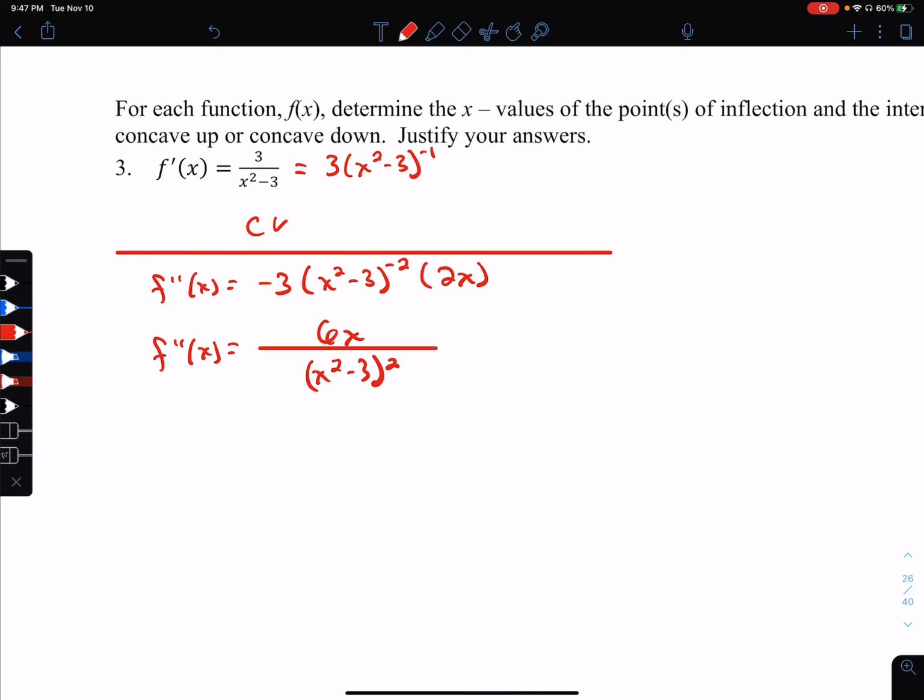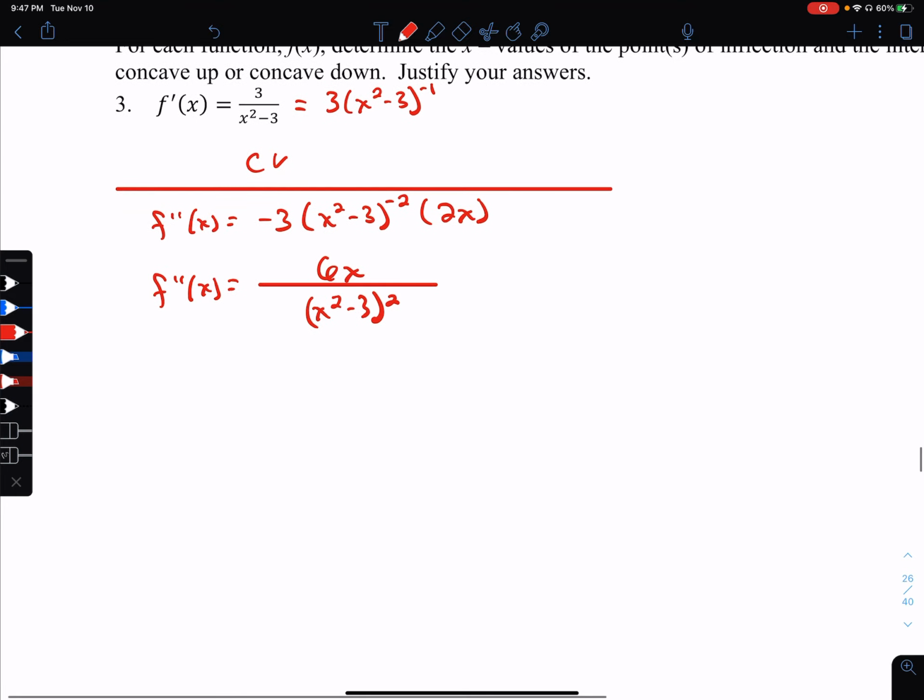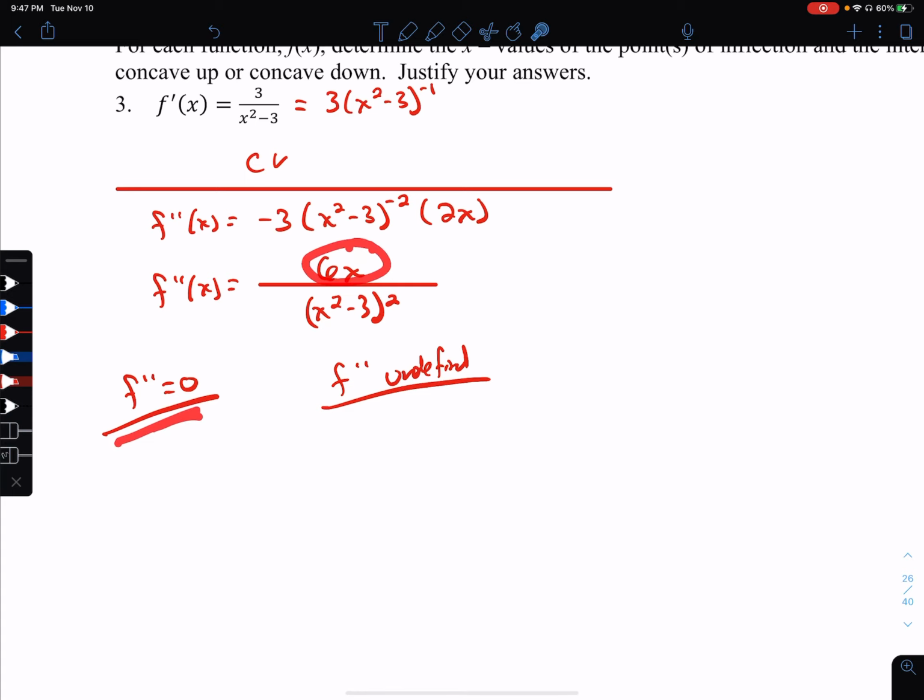Once we have found the second derivative, we need to know when is the second derivative equal to 0? When is the second derivative undefined? The second derivative is equal to 0 when the numerator is equal to 0. It's undefined when the denominator is equal to 0. So when 6x is equal to 0, we get x is 0.